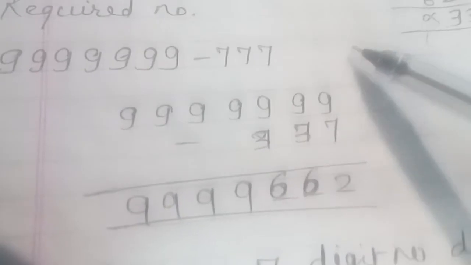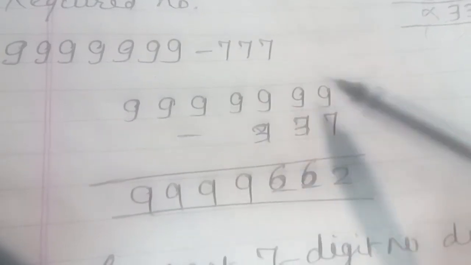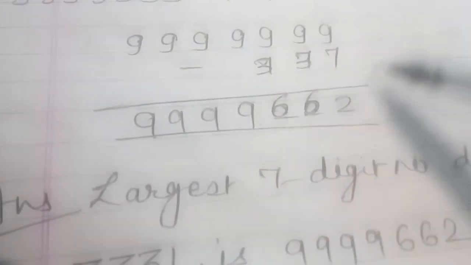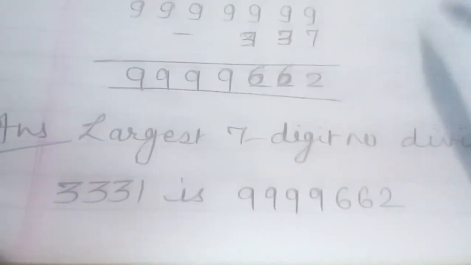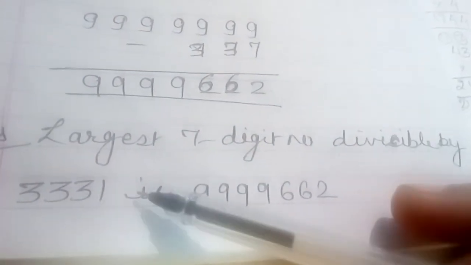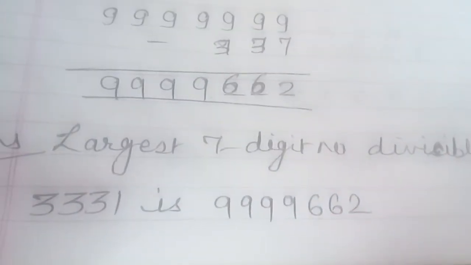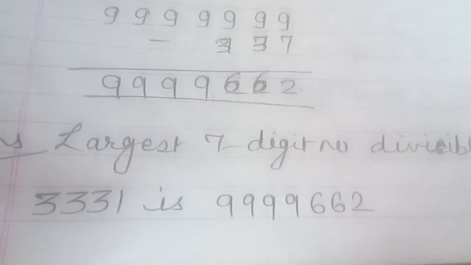For getting the required number, we will subtract 337 from 99,99,999. So we will get 99,99,662. This is the required largest 7-digit number which is exactly divisible by 3331. Clear, students? This is the procedure to do this question.